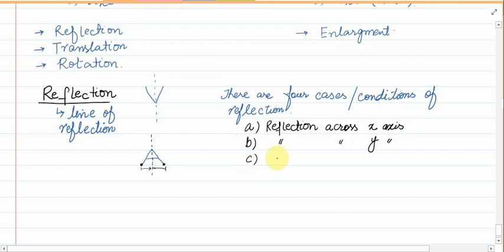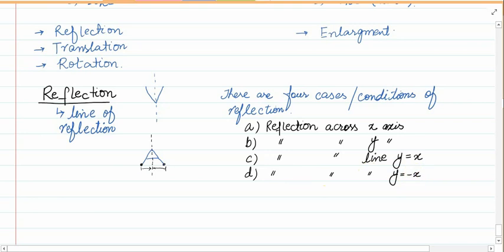Third one, reflection across line y is equals to x. Last one, reflection across line y is equals to minus x.